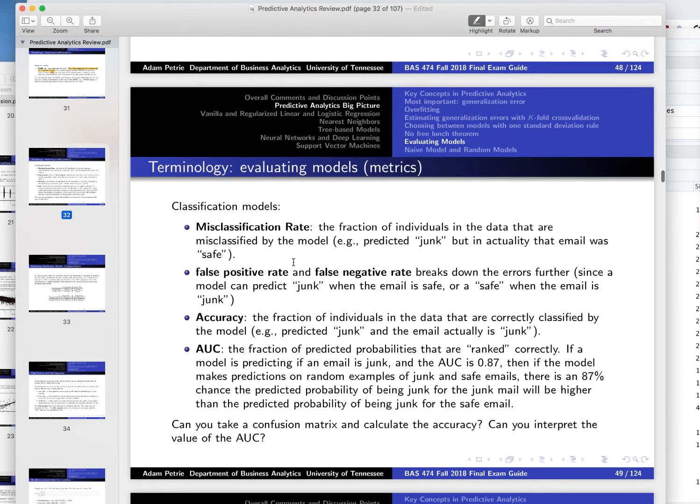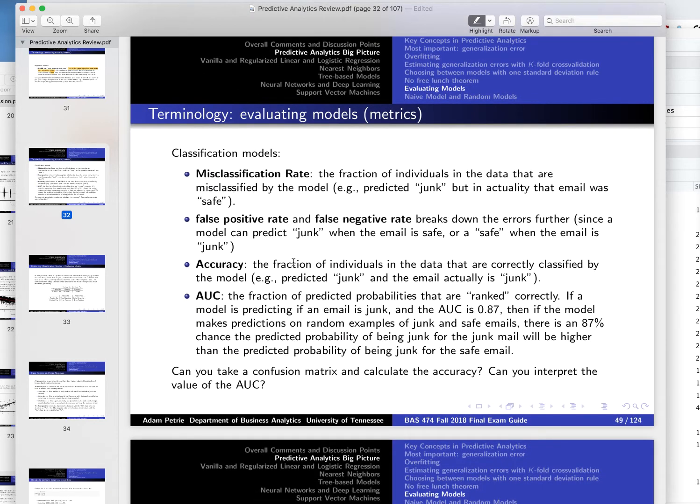If we're doing a classification model instead, say if we're predicting if someone donates versus not donates in a particular year, if they click on an ad or don't click on an ad, they churn, they don't churn, etc., there's a bunch of different things that we can measure about classification models that we might be interested in selecting a model based on. Number one might be the model's misclassification rate.